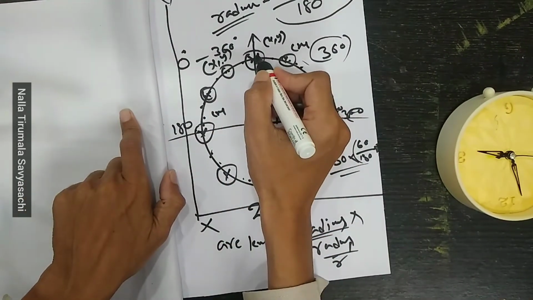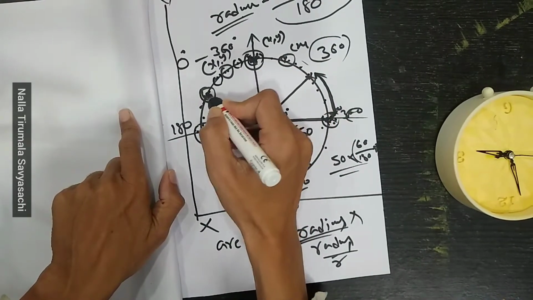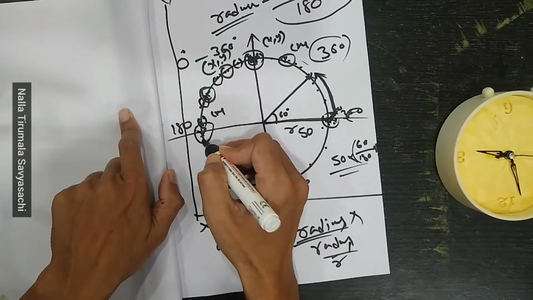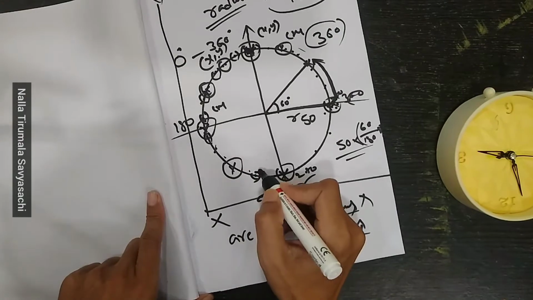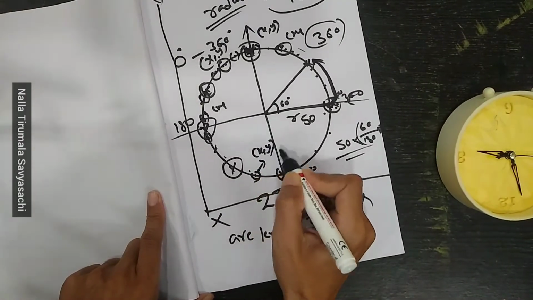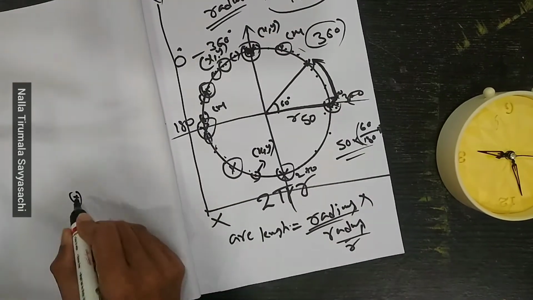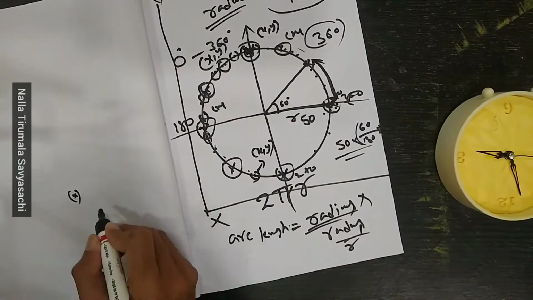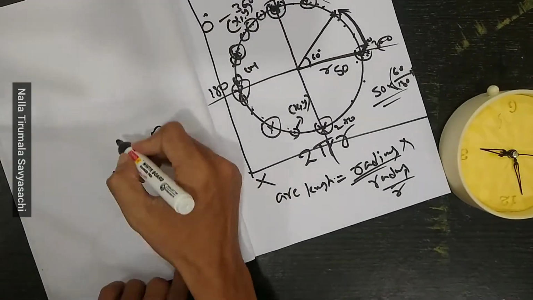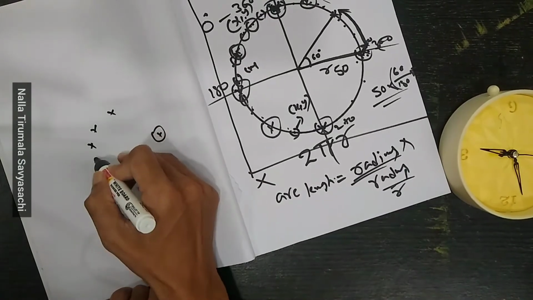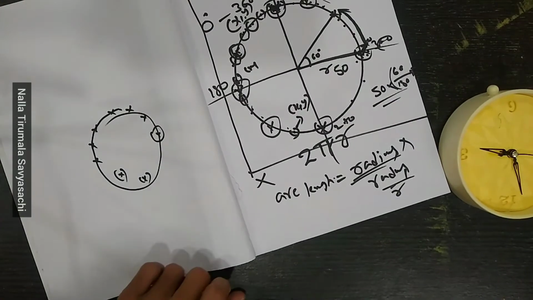The problem is how to calculate the coordinates of each and every point of the circle. If I know this point's x comma y values, I can plot that point here. In the same way, if I know every xy position, then we can draw a circle.